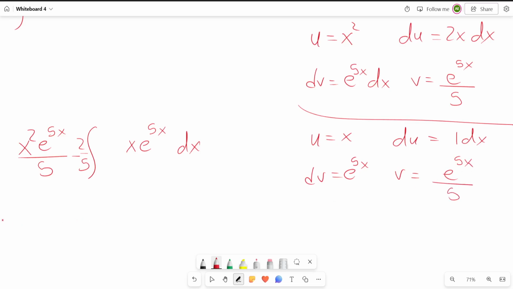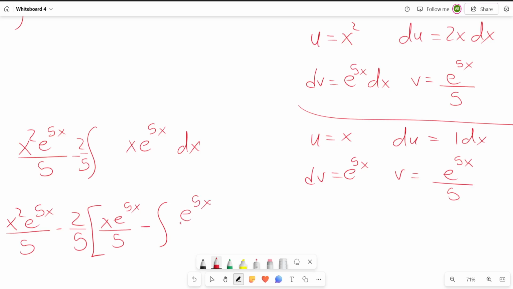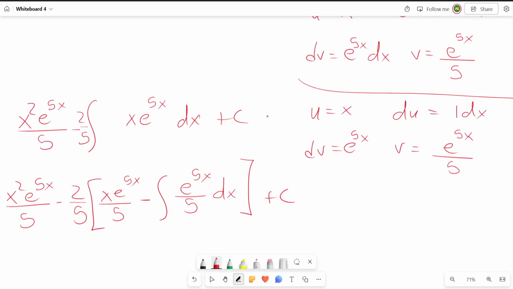Let's do the integration by parts for the second integral. Minus 2 over 5 into uv, which is x e to the power of 5x over 5, minus the integration of v du, which is e to the power of 5x over 5, times du, which is basically 1 dx over here. I have a plus c. This is plus c as well.